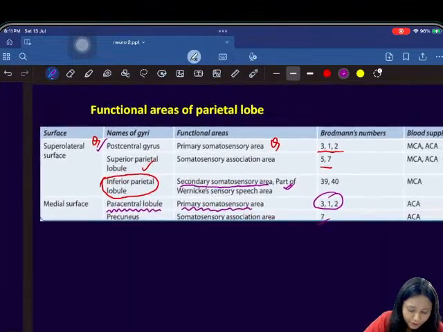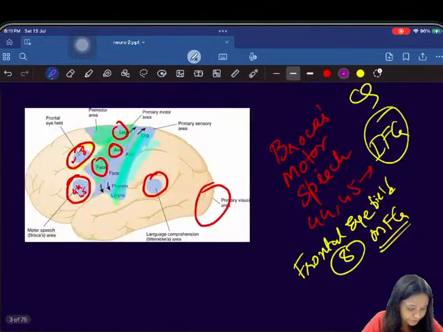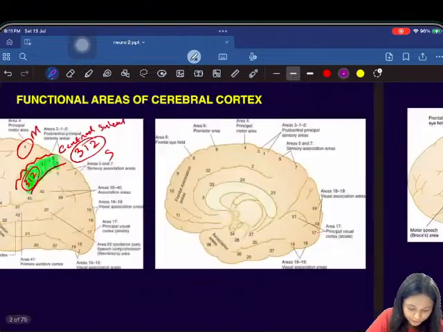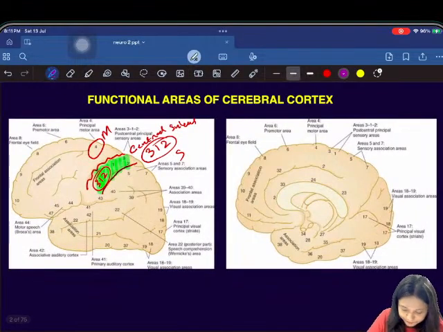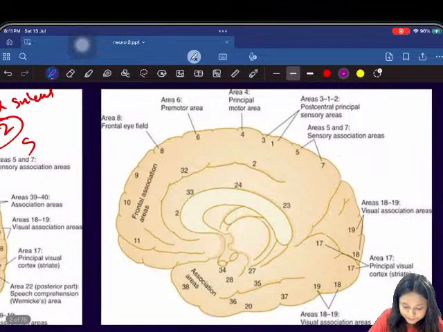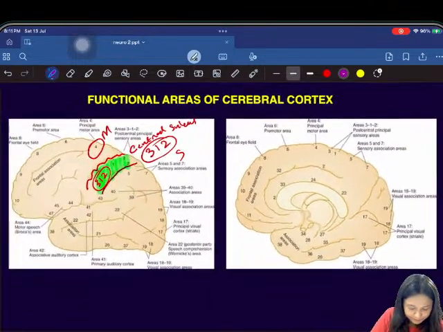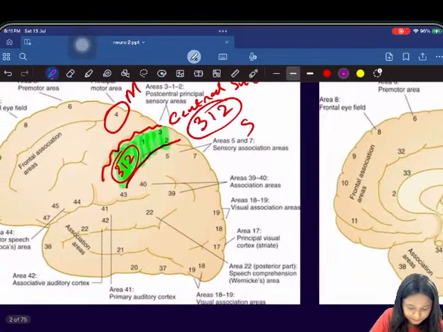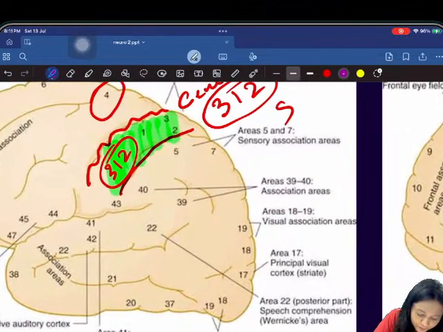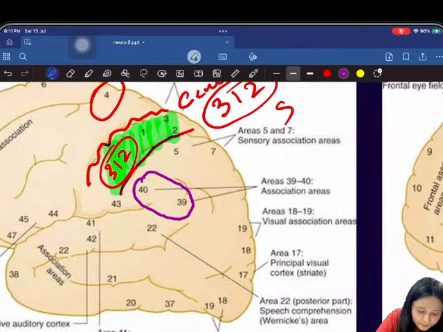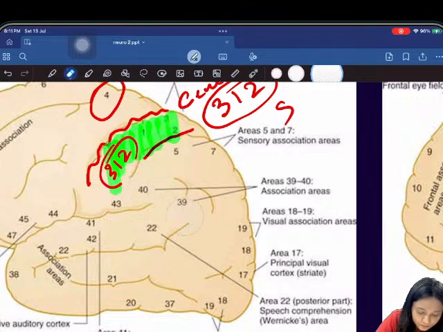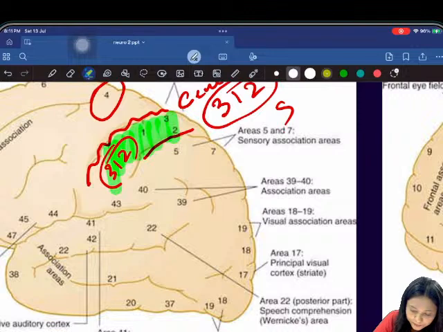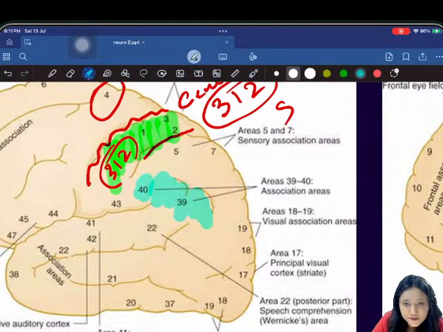So let us see here again. As you can see here, this is the inferior parietal lobule. It has a secondary part.